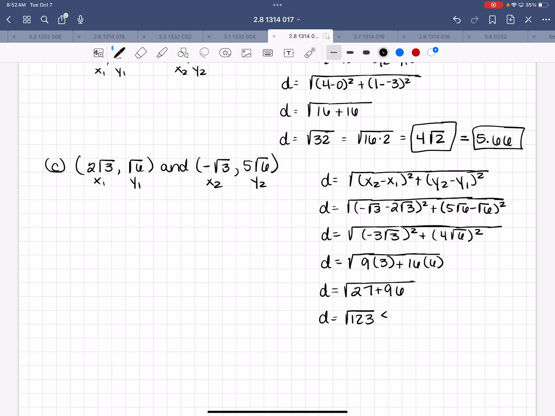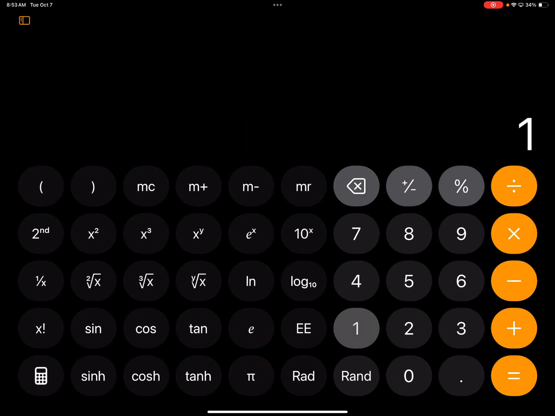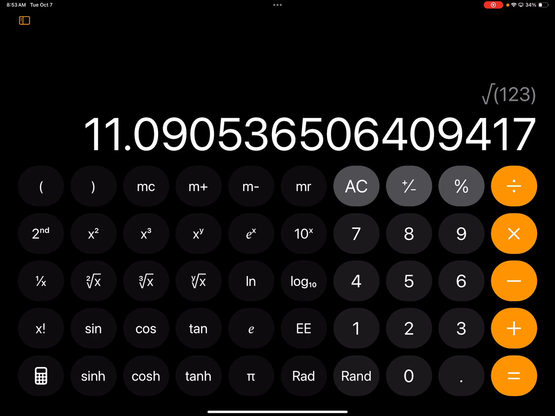This turns into 3 times 41, but 41 is prime, so nothing can happen to the square root of 123. So I get D equals the square root of 123, which is approximately, if I go over here and say square root of 123, 11.09.